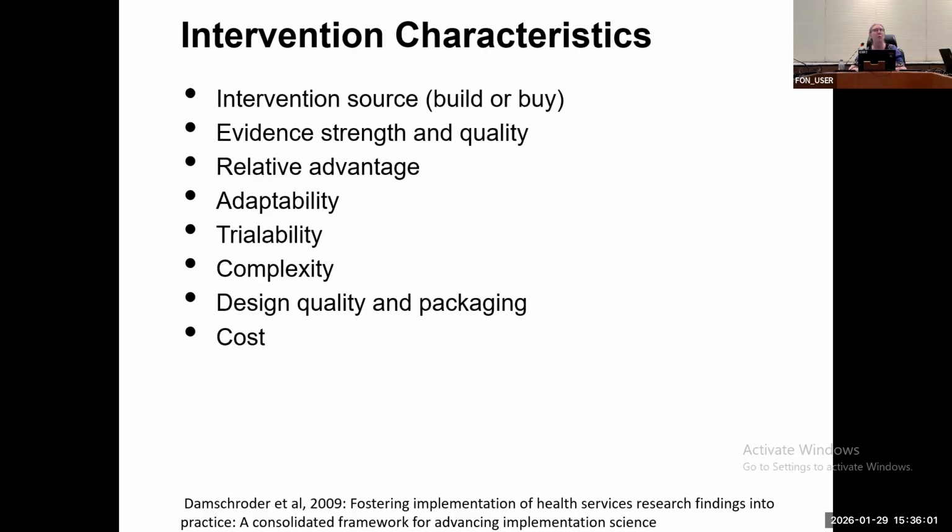We want to know what its relative advantage is. If it doesn't have a whole lot of advantage over usual care, we certainly aren't going to try implementing it. We need to know about whether or not it's adaptable. Is it more at the RCT level where you have to be really strict, or is it something that is a little bit more flexible?